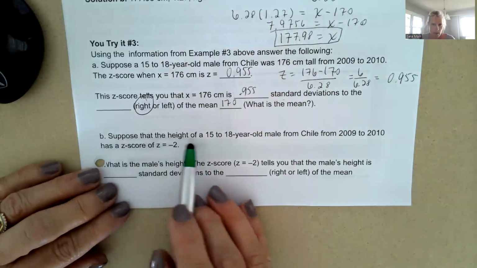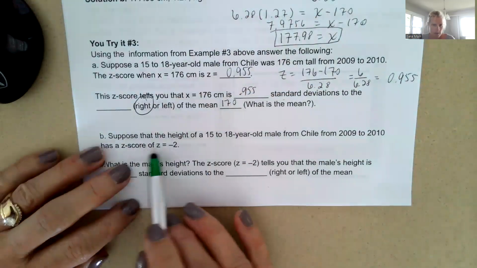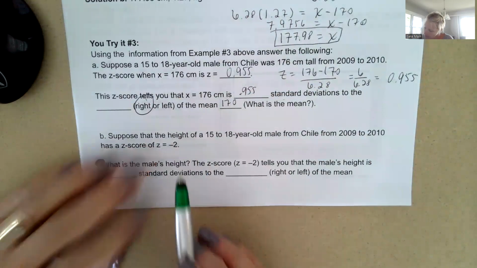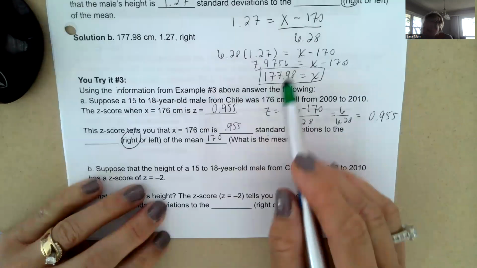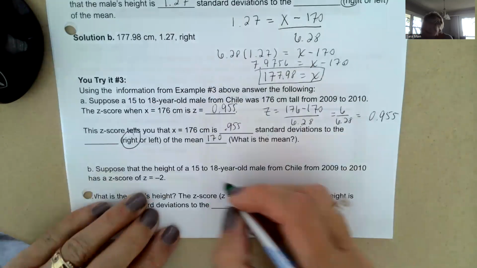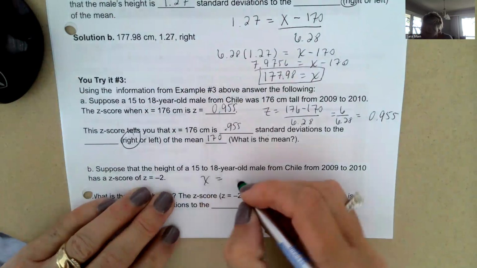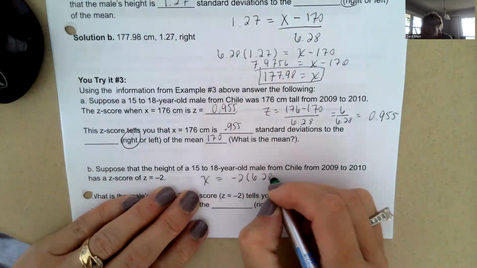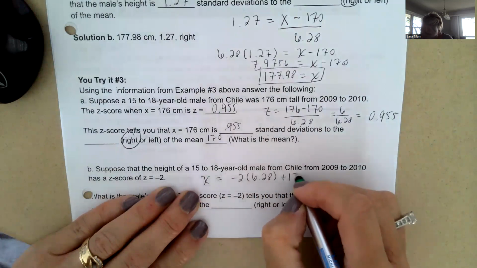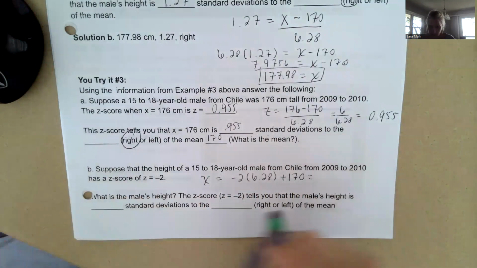Part B says, suppose that the height has a Z-score of negative 2. What would that mean? We're going to do it similar to what we did up here to find X. They want to find the male's height. So X is equal to negative 2 times the standard deviation of 6.28 plus the mean of 170.